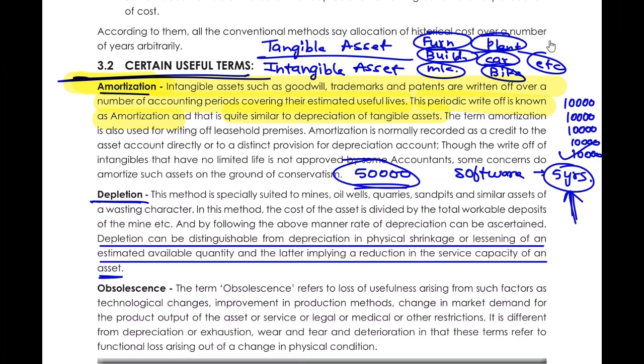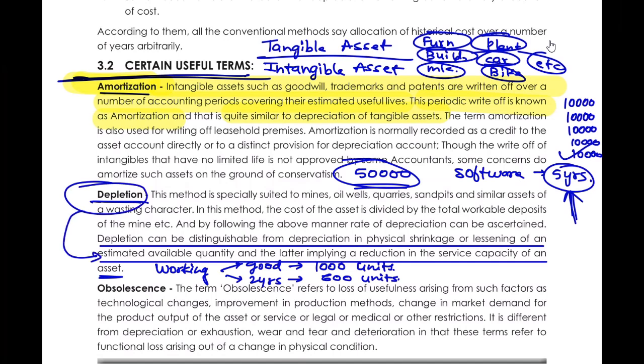That means earlier the machine was working well, so it was able to produce 1,000 units in a day. But after 2 years, it is able to produce only 600 units in a day. So the production from that machine has now declined. Why? Because as it gets old, there is depreciation and there is depletion in the use. Earlier it was used for 1,000 units, but now it is used for 600.